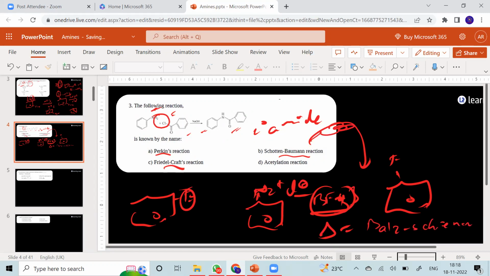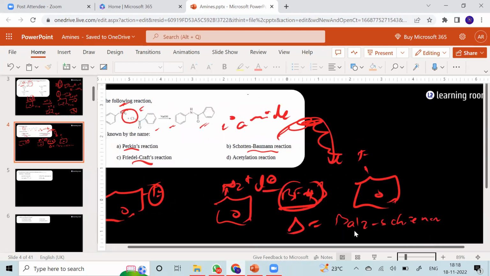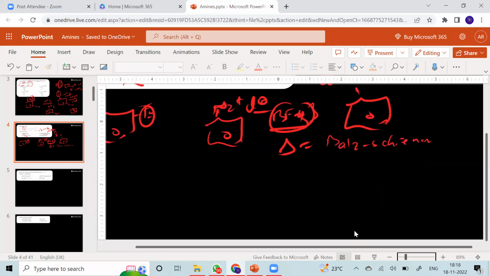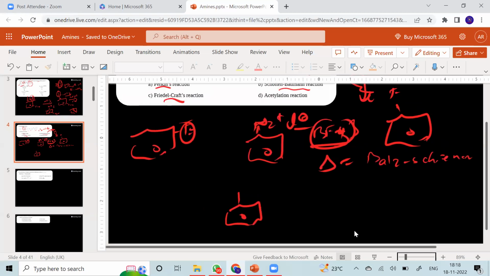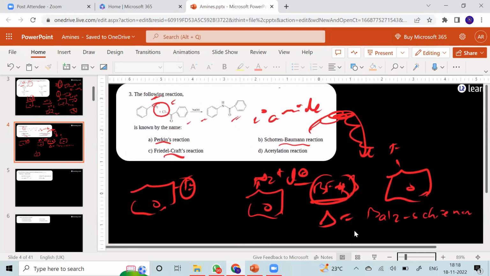Right? Scott-Bowman is this. Let me make a page, or let me ask. Okay, if I can write. Scott-Bowman, I think, is if you have... Oh, I think the first reaction. Okay. Oh, this is, I think, Scott-Bowman. Yes, I will just confirm it. Just a second.